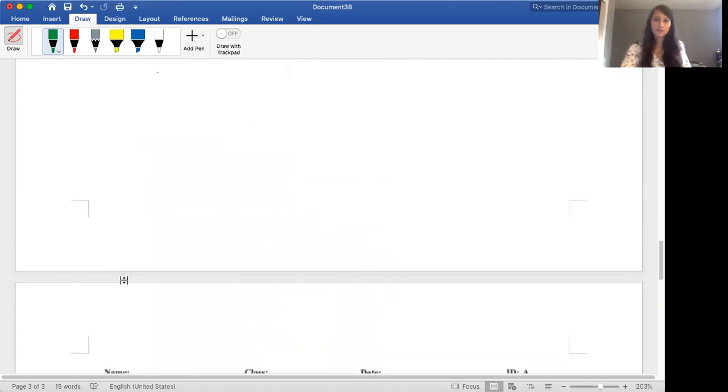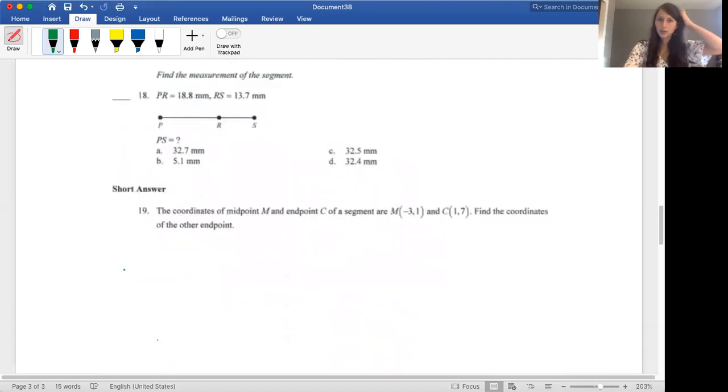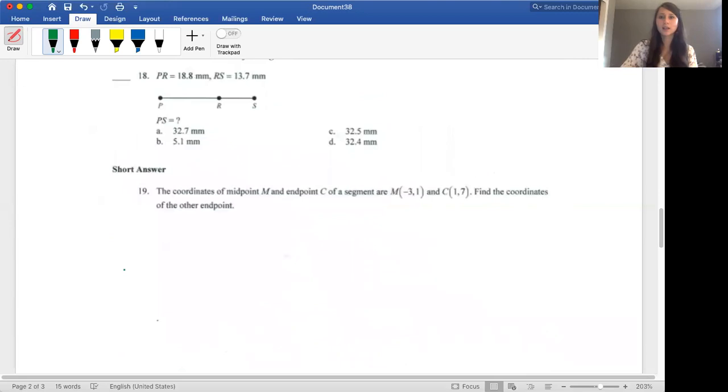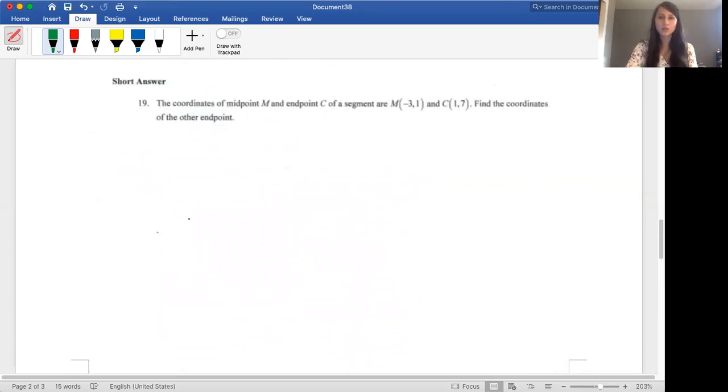Okay, let's take a look at a few problems related to finding distance of lines and finding the midpoints and stuff. So before we get started with these 2 problems, I want you to just write out the equations, see if you can remember the equations for finding the distance of a line.